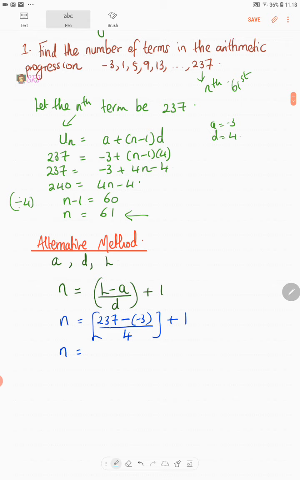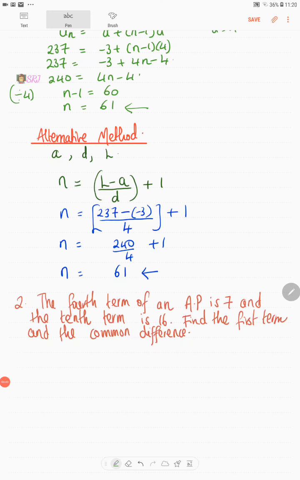So we will have 237 plus 3, which is 240, divided by 4 plus 1, and this gives us 60 plus 1, 61. So it is much easier, but we have to know the last term.